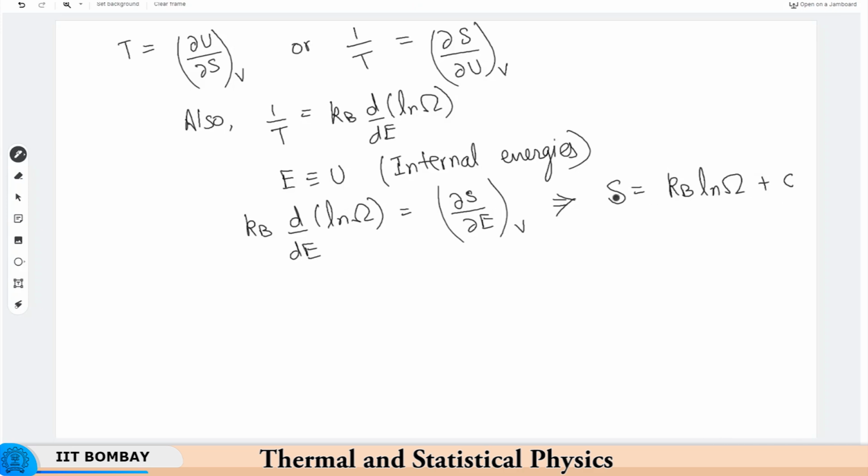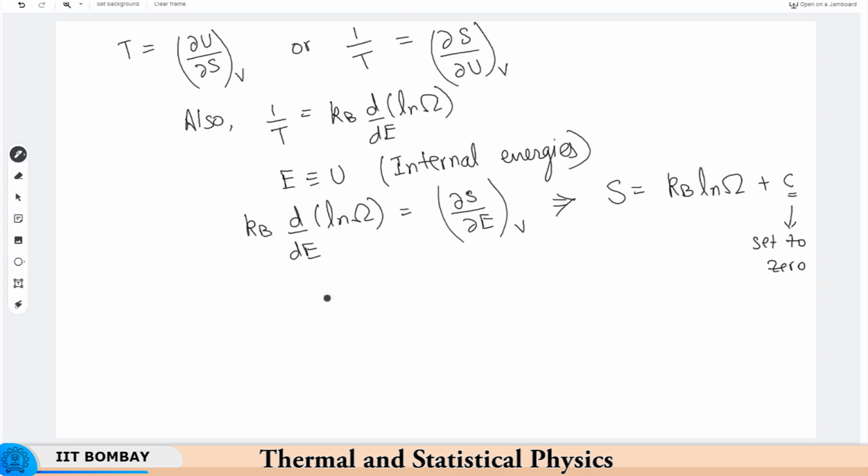This is the definition of entropy expressed in terms of the number of microstates in the system, and this is some arbitrary constant, an entropy which is independent of omega, and it turns out we can always set it to 0.